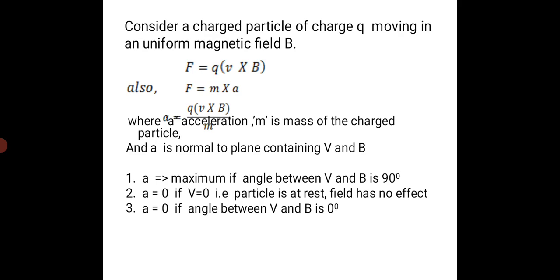There are different cases. A takes the maximum value if the angle between V and B is 90 degrees. A is equal to 0 if V equal to 0, that is the particle is at rest and the field has no effect on the particle. And A is equal to 0 if the angle between V and B is 0.